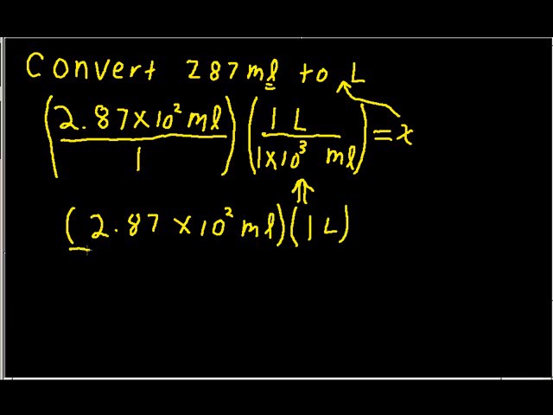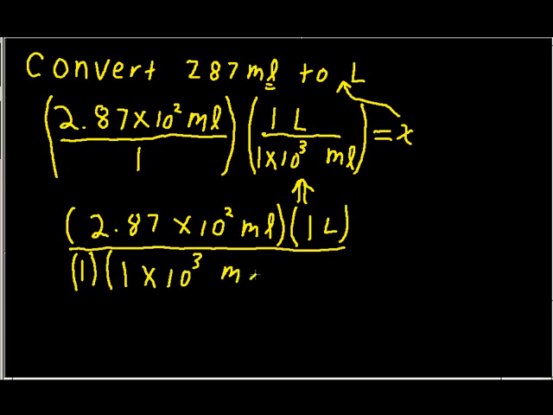And then all of that is divided by 1 times 1 times 10 to the third milliliters. Now what immediately jumps out at us is we have milliliters on top, milliliters on the bottom, and milliliters over milliliters is 1, so we can cancel this out.